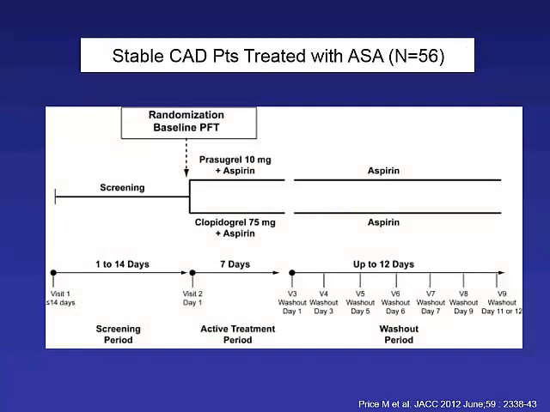The RECOVERY study, which included almost 60 patients with stable coronary disease, randomized them to either prasugrel or clopidogrel on top of aspirin. Both prasugrel and clopidogrel were stopped after 7 days of therapy, and thereafter platelet reactivity was measured every day for 10 days.